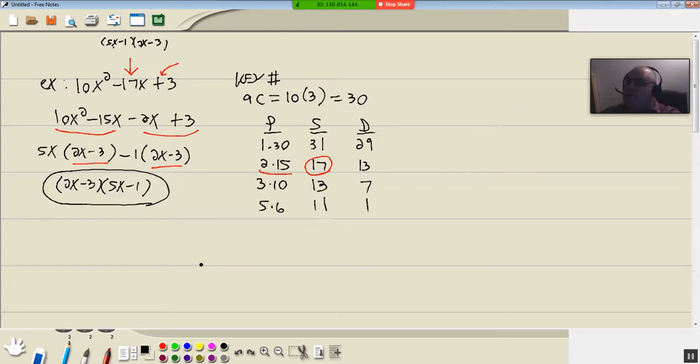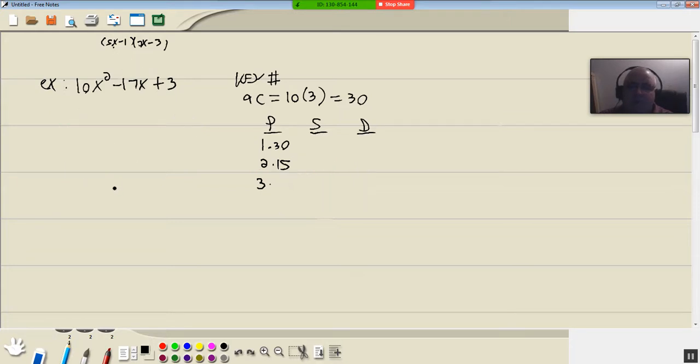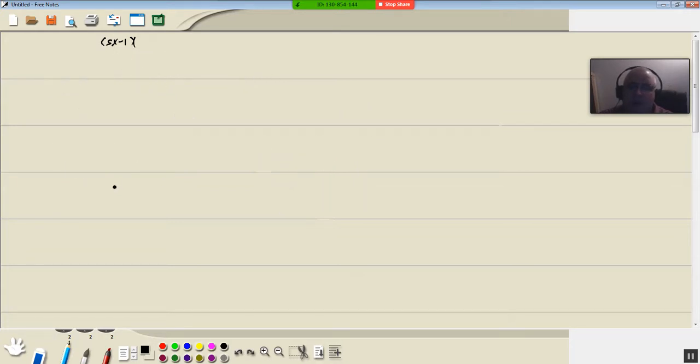Let me show another example of that. Let's see. I'll try to make up something a little bit different here. I think this should be in the difference column.